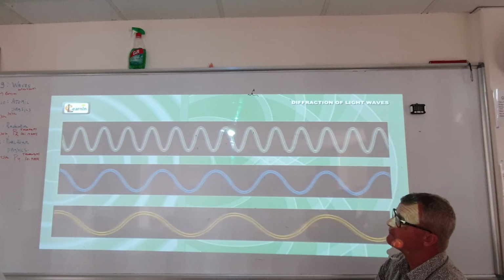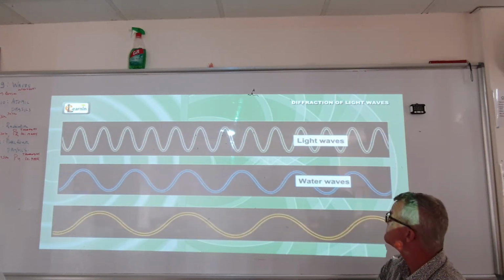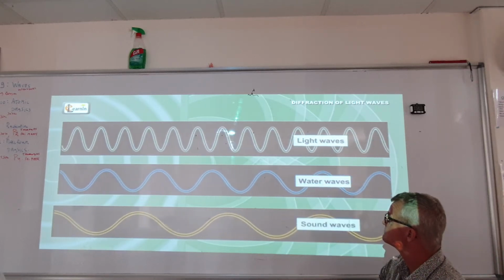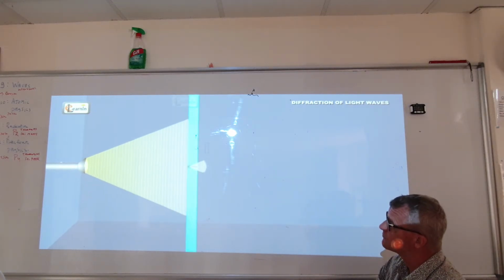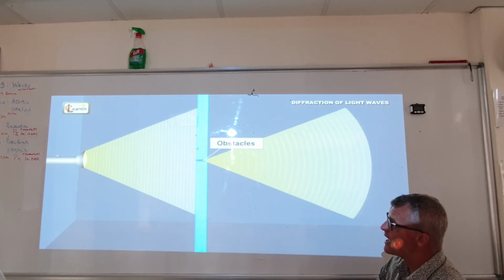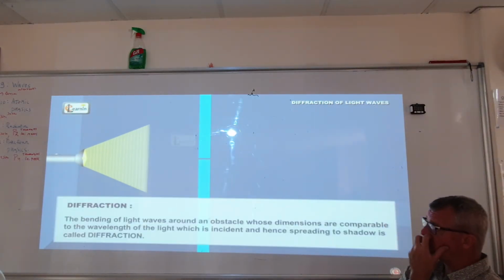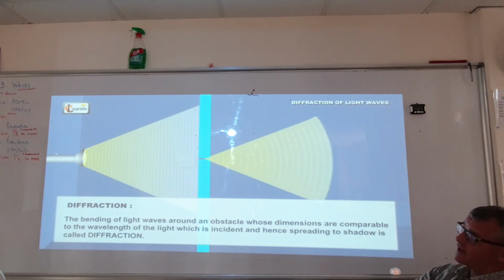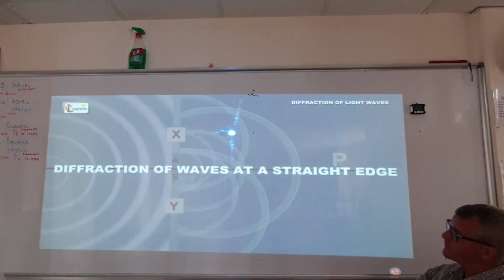Another example of light waves that diffract. This is light, and obviously as the wavelength of light is very small, the opening needs to be very small. Okay?